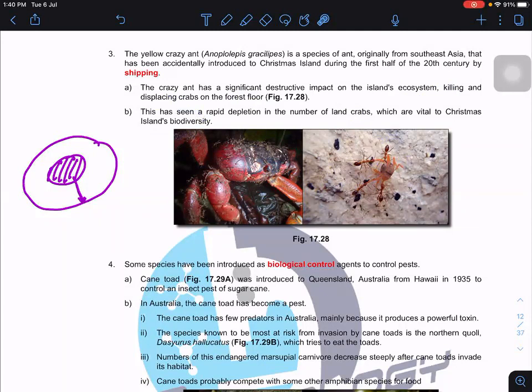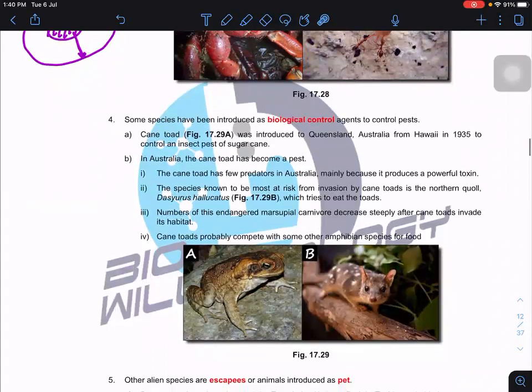Some invasive species have been introduced as a biological control. Basically, we want to control certain pests. But take the cane toads, for example, which were introduced to Queensland in Australia from Hawaii in 1935 to control insect pests.